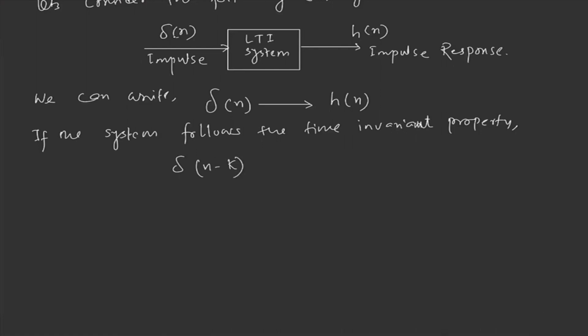If the time has been shifted by k, it should also reflect in the output, h n minus k. This we have seen in the time invariant property.